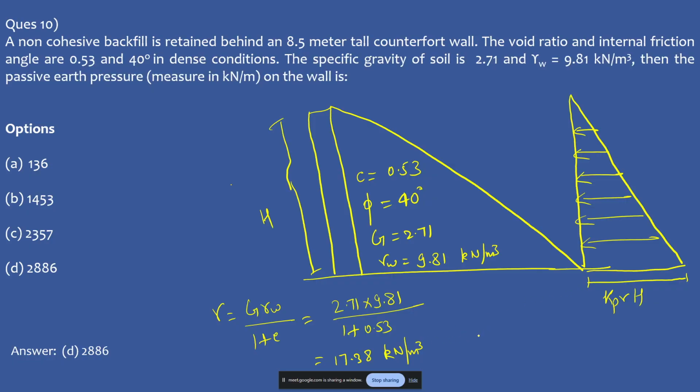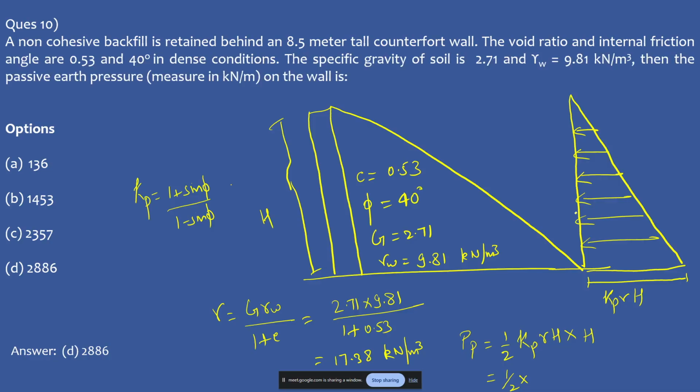Now the passive earth pressure will be half into Kp gamma H multiplied with H. So it's half into Kp. Kp also we need to calculate. Your Kp, or lateral pressure coefficient for the passive case, we know is given by 1 plus sine phi upon 1 minus sine phi.